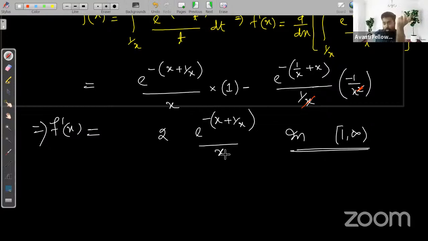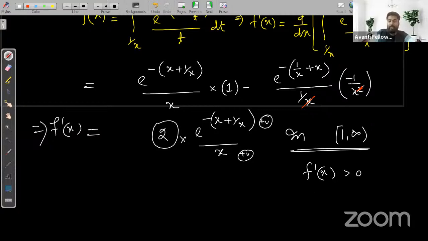The denominator is also positive because you have x, and if x is between 1 and infinity, we are taking positive real numbers for x. So the denominator is also positive, and 2 is positive. So f dash of x is greater than 0.